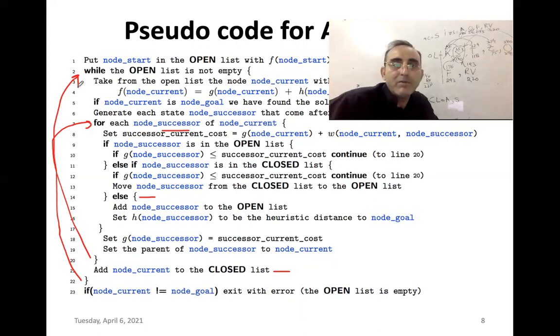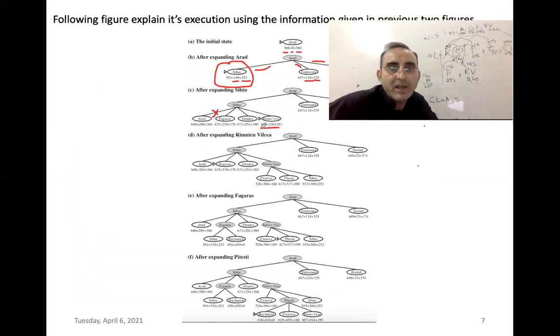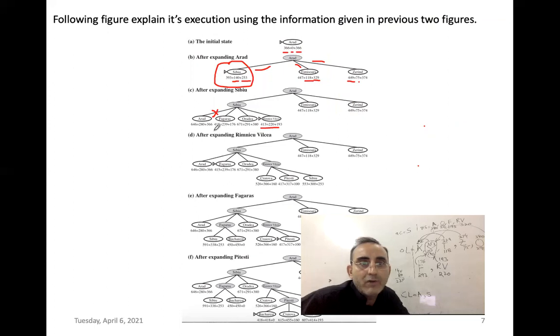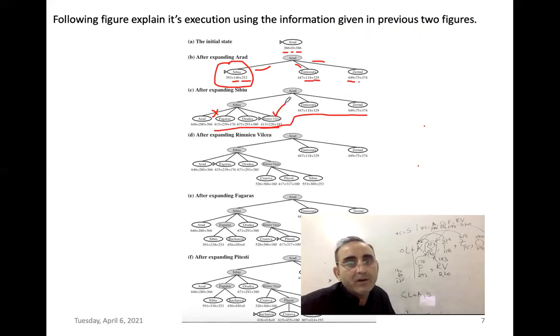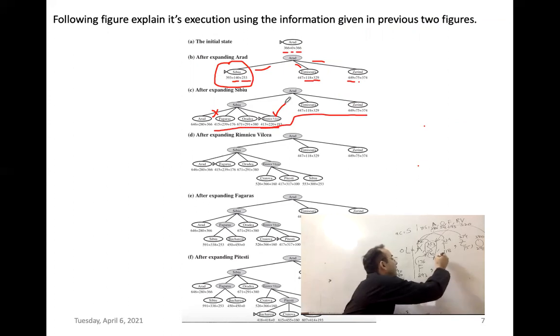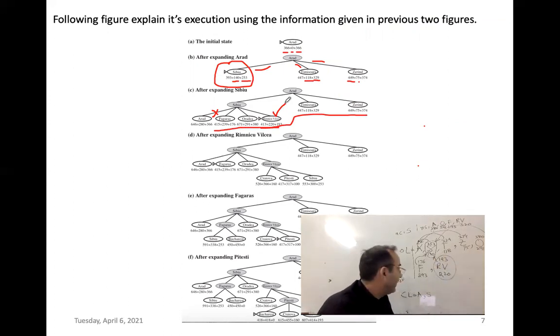The next minimum, which is coming here, is Rimni-Kovalevskaya, which is 417. So Fagaras is 215, ORAD, and all these nodes. Rimni-Kovalevskaya is basically the minimum. This one is going to be selected for the next step.